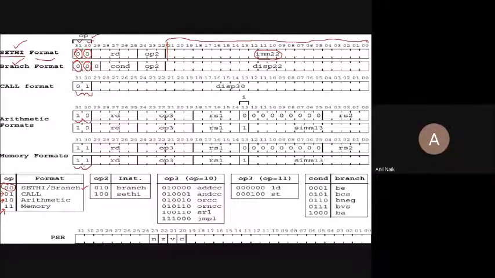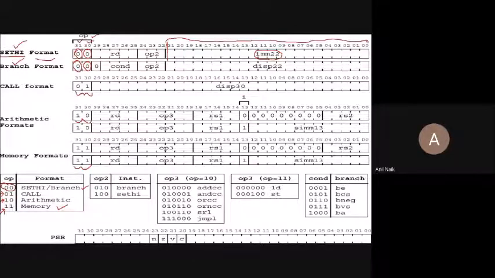The assembler converts the assembly language into binary form, and in the binary it understands that if the 30th and 31st bits are 1 1, it is a memory related instruction.